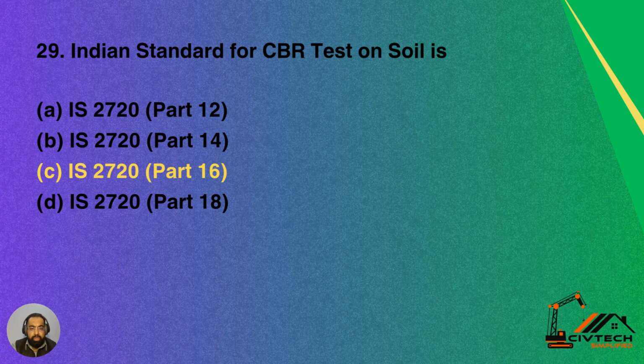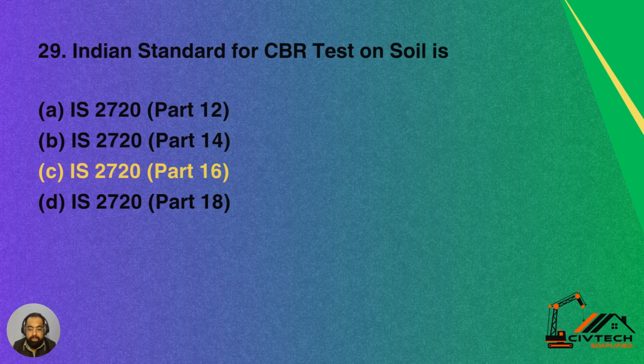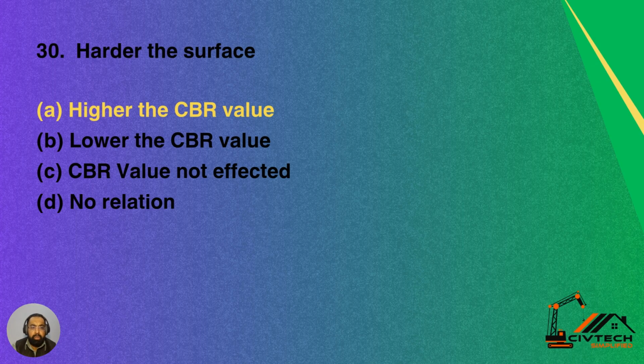Indian standard for CBR test on soil is part 16. So option C is the correct answer for this question, which is IS 2720 part 16. Option C is the correct answer.